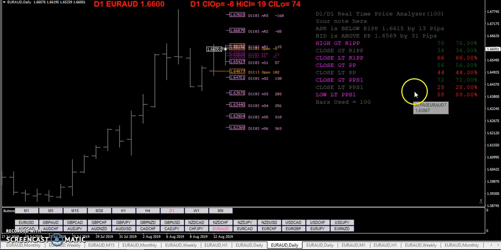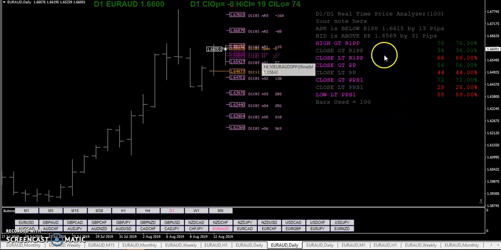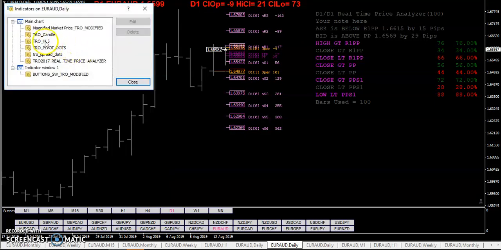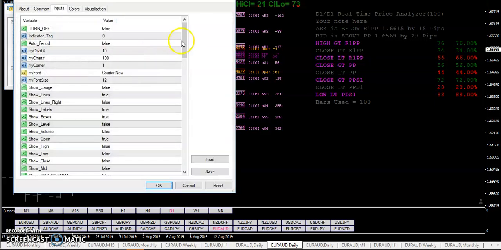So right now, you see price is right here. How many times was price greater than the R1 pivot point? Okay. So right here, we'd only have the mids showing. I wonder why that is. There must be a reason.